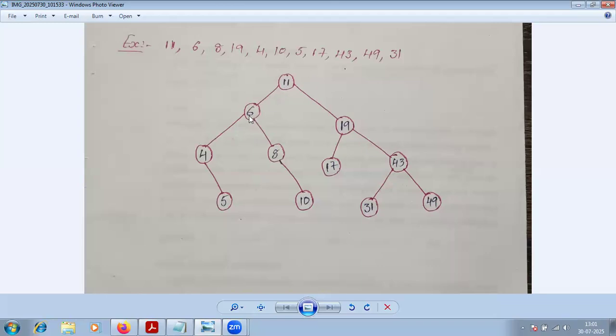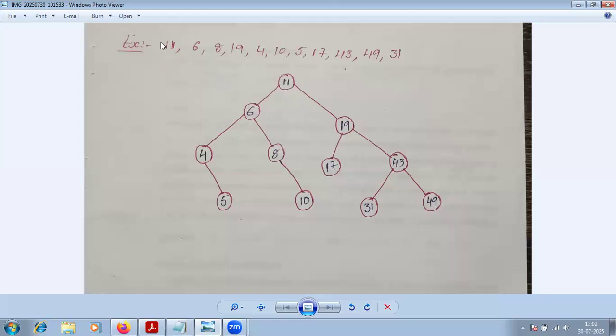Compare the elements: 6 less than root node, 4, 8, 5, 10 less than root node. 19, 17, 43, 31, 49 are compared likewise. Compare all of them with the root element also. First we'll see the example of how to construct a binary search tree.